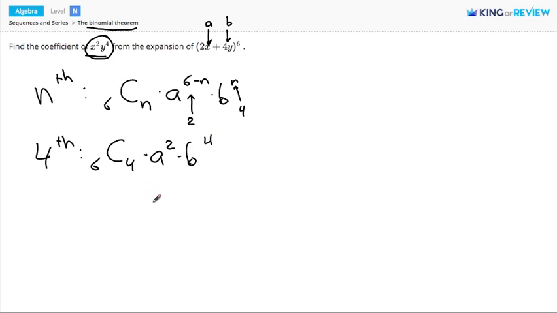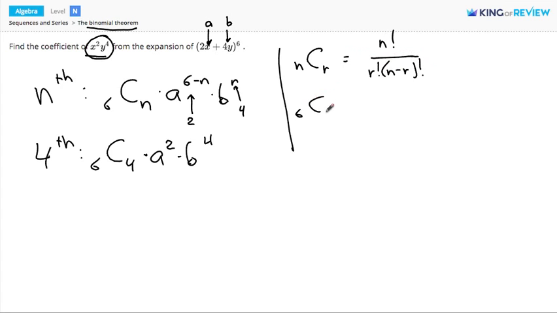First, we need 6c4. In general, if you want to find nCr, n choose r, this formula is n factorial over r factorial times n minus r factorial. So if we want 6c4, that's 6 factorial over 4 factorial times 6 minus 4 factorial.